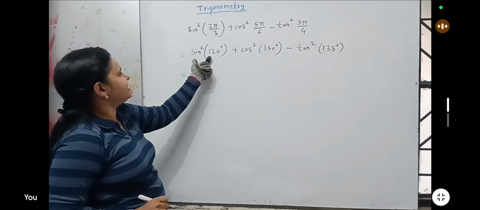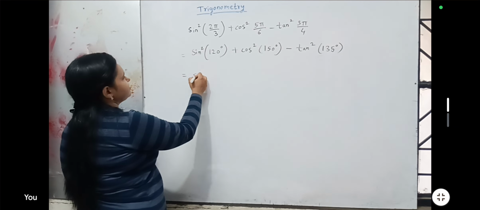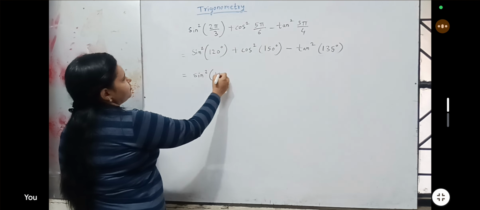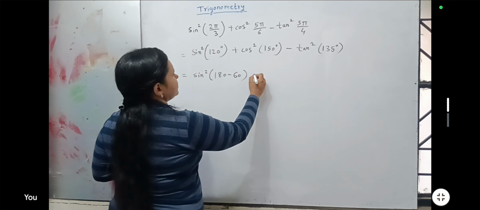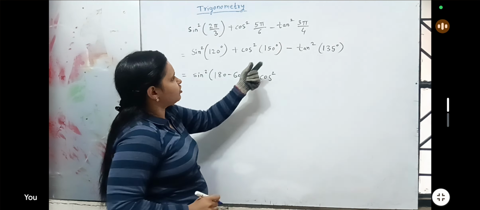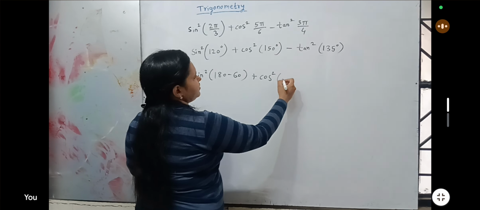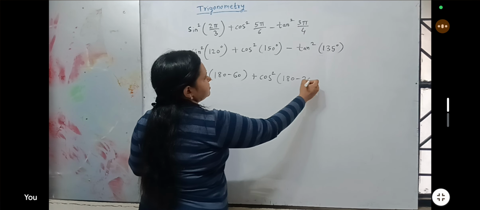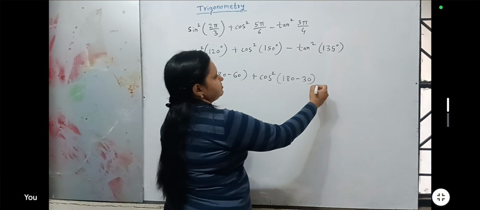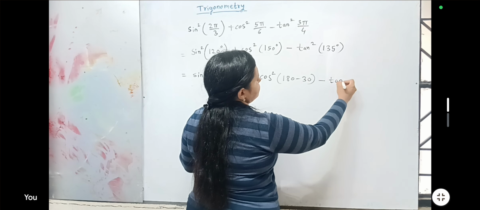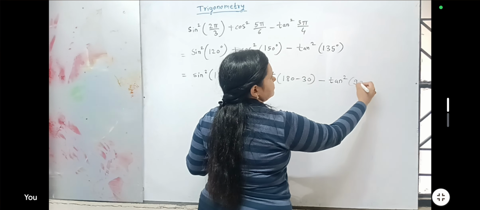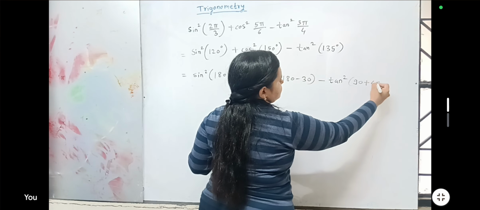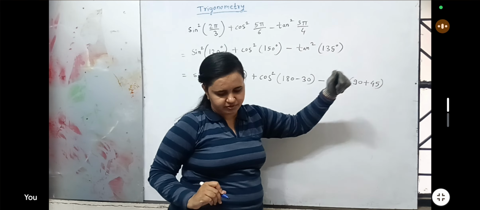So now we can write sin square 120 degree as sin square of 180 minus 60, right? Plus we can write cos square 150 degree as cos square of 180 minus 30 degree, minus we can write 135 as tan square of 90 plus 45.